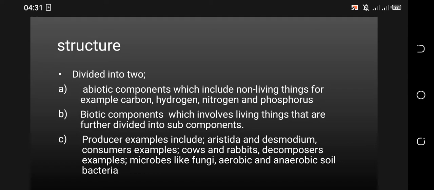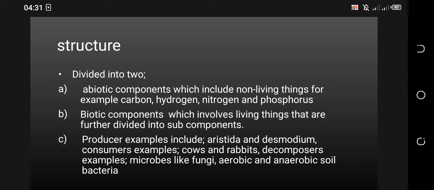Decomposers are organisms that feed on the consumers' decayed organic matter. For example, we have microbes like fungi and aerobic and anaerobic soil bacteria.